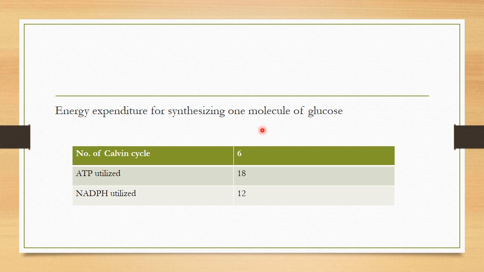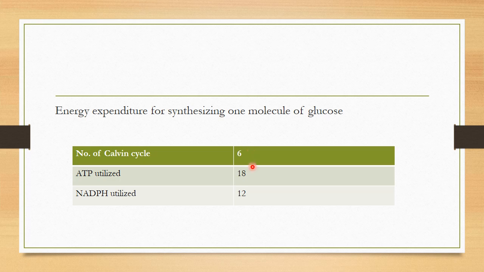Now the total number of Calvin cycles, ATP and NADPH utilized for synthesizing one molecule of glucose are mentioned on the screen. Total 6 rounds of the Calvin cycle are required for synthesizing one molecule of glucose.